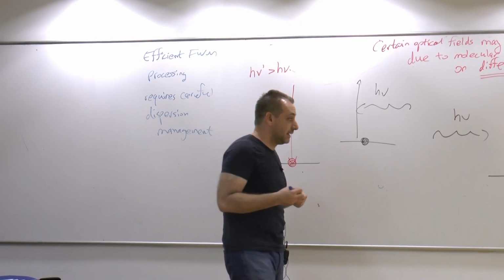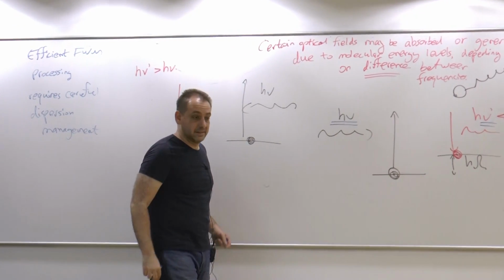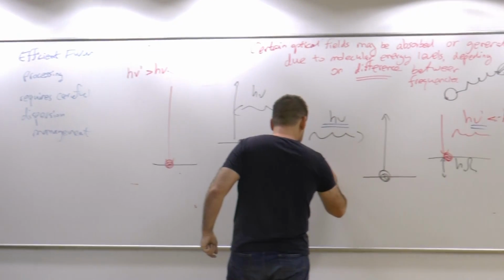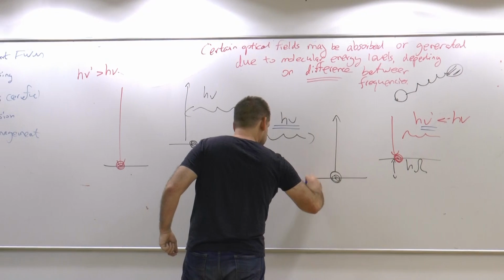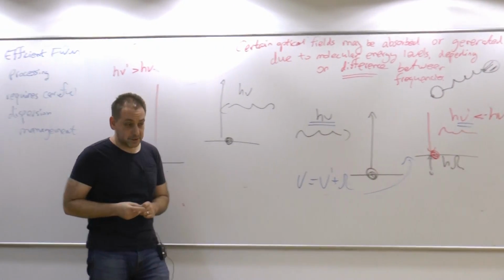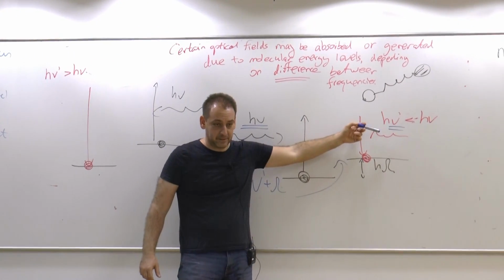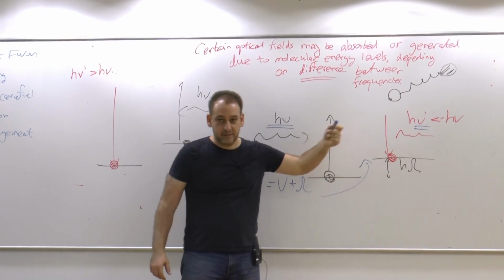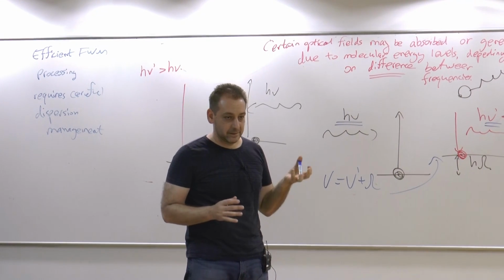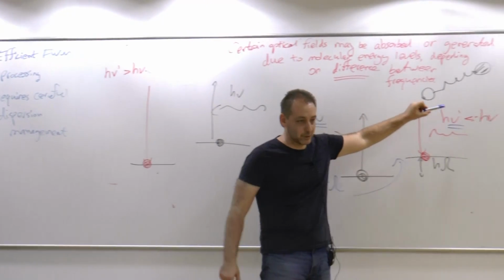But if I also send this second beam and maintain that the difference matches a molecular energy, then all of a sudden this light wave can be amplified. So again, you see, this is very fundamentally a nonlinear picture, because the propagation of this light wave depends on circumstances.